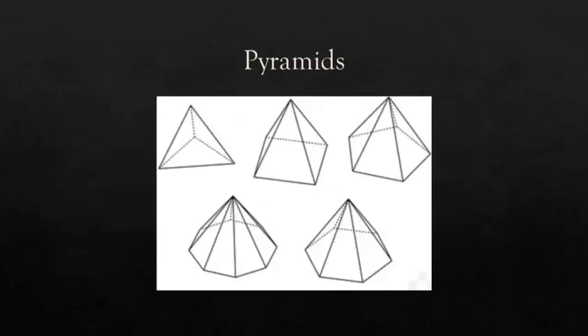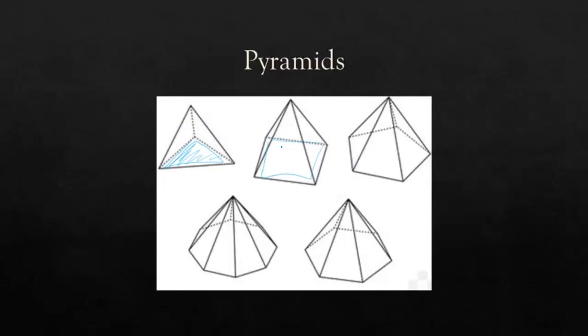These are different pyramids. We have a triangular pyramid because the base of it is a triangle. So if this is our base, you can see that it's a triangle. And then we'll have 3 sides to the top of the pyramid, 3 lateral sides. Here is a rectangular pyramid. The base is a rectangle, and because the rectangle has 4 sides, then the pyramid would have 4 lateral sides.